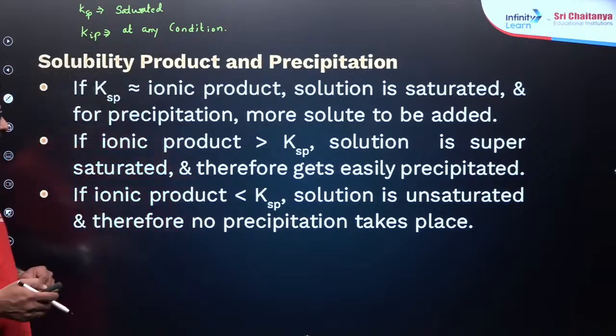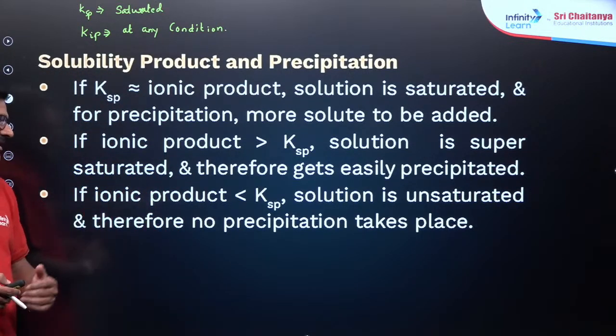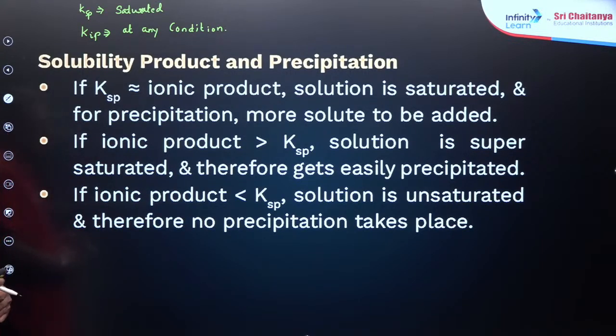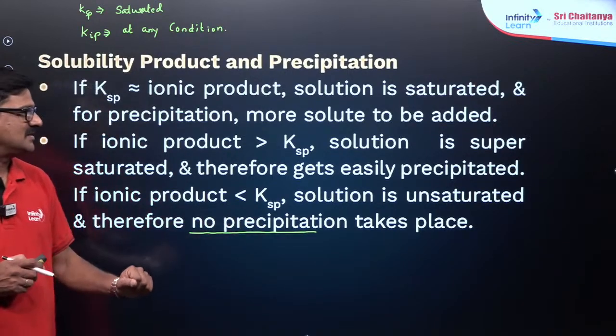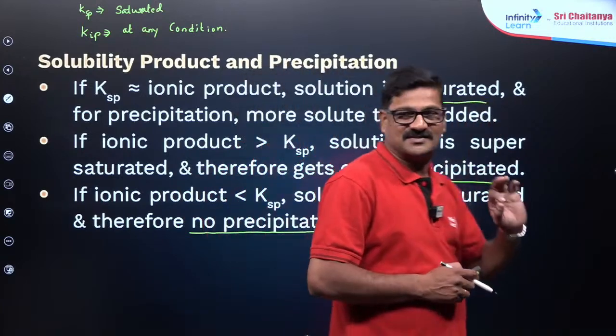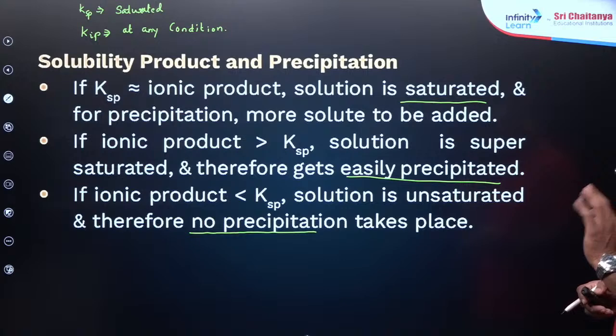If the ionic product is less than Ksp, my dear children, the solution is unsaturated, therefore no precipitation takes place.